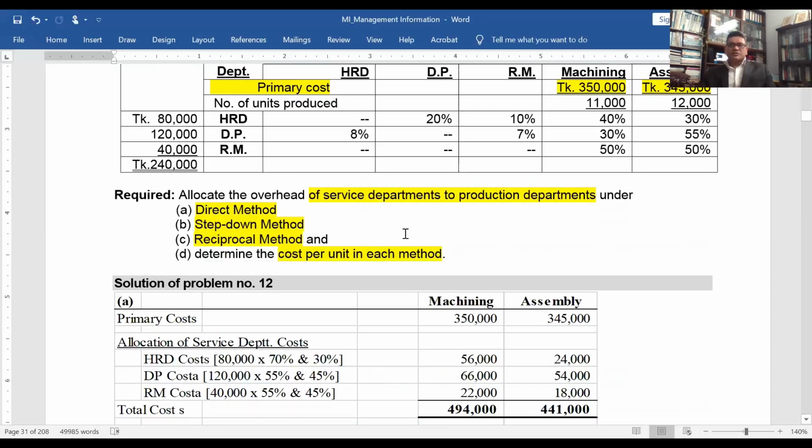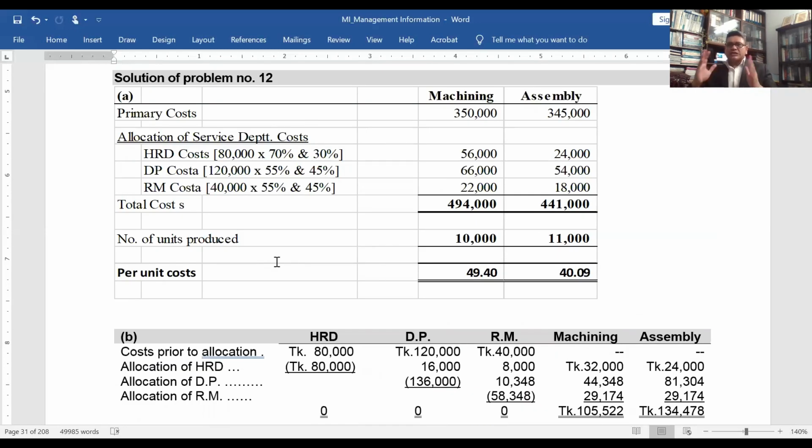So this is the allocation. Production units are 10,000 and 11,000. If we divide 4,94,000 by the 10,000 units, then machining department's per unit cost is 49.40 taka, and same for assembly department 40.09 taka. So it is the direct overhead allocation.